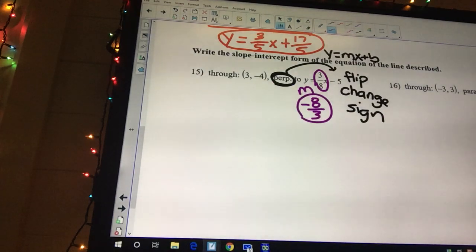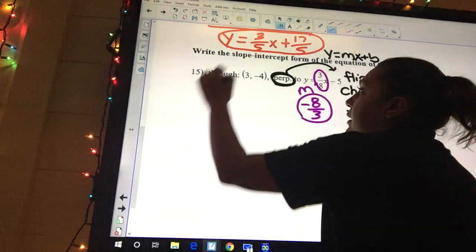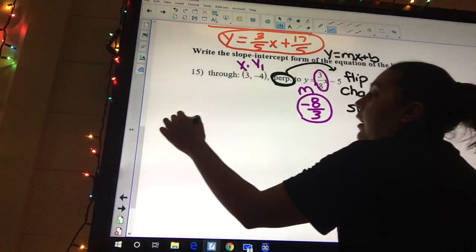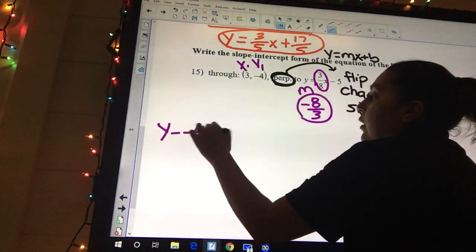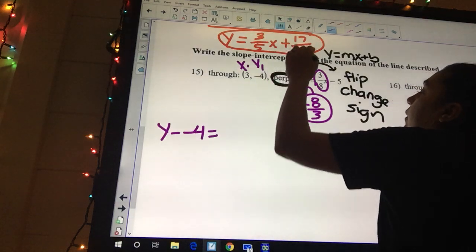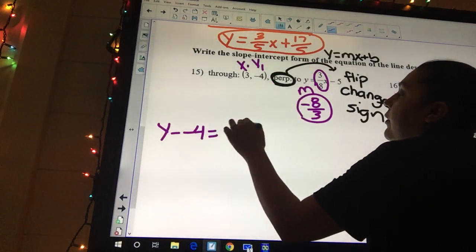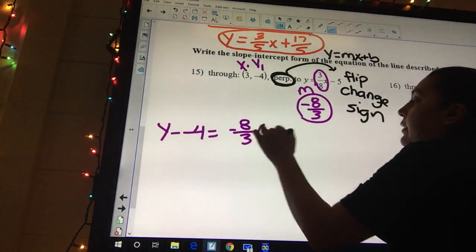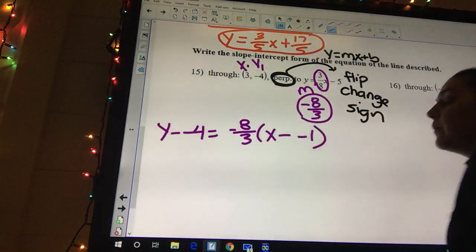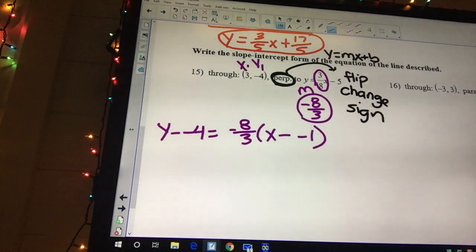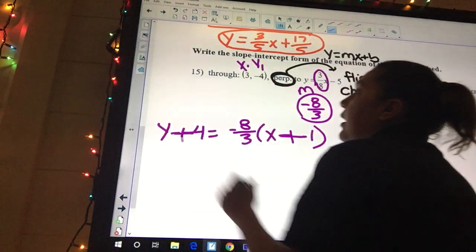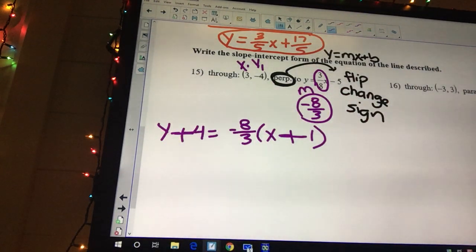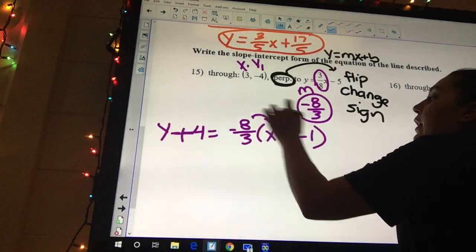Okay, and so we got to do it in slope-intercept form. So it's going to say y minus -4 equals negative 8/3 times x minus -1. Okay, because we got to plug it in point slope first. These minuses are going to be a plus. And we have to ask ourselves, do we stop or do we keep going? Okay, and we got to keep going.